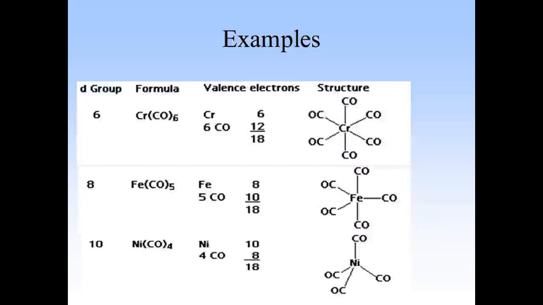Again a stable compound. The next compound is Ni(CO)4. Nickel has 10 valence electrons, and there are 4 carbon monoxide ligands, contributing 8 electrons. Here also the tally is 18. Therefore all the 3 compounds obey the 18 electron rule, and hence they are stable.